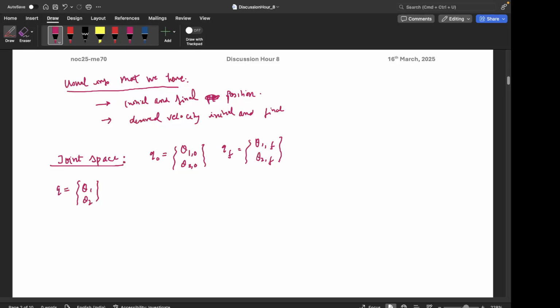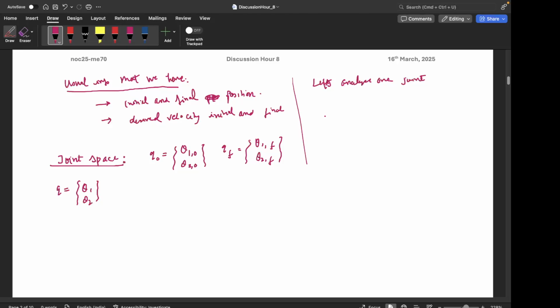Right, so now let's analyze one joint at a time. Since these joints can be controlled independently, we can do the same calculation for the other joints as well, if they are revolute joints.